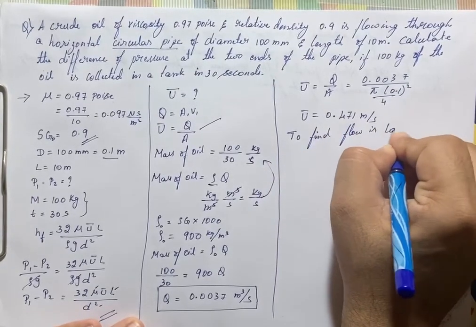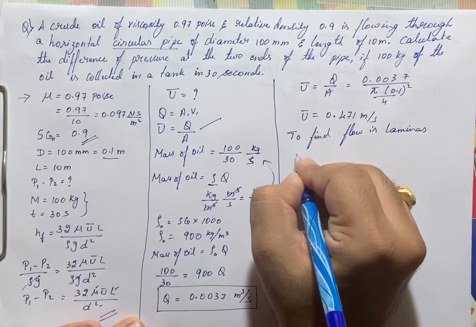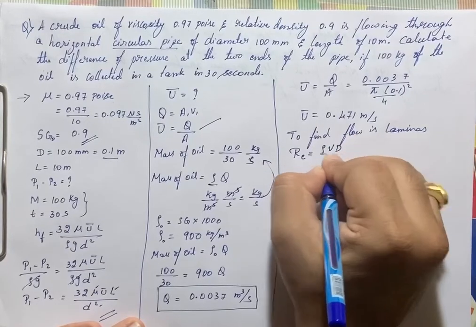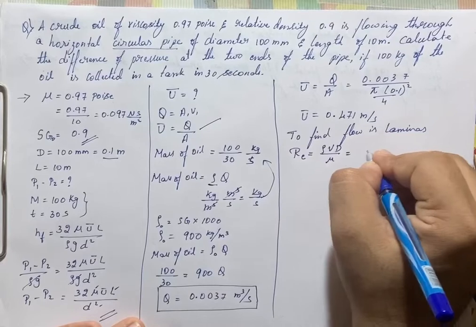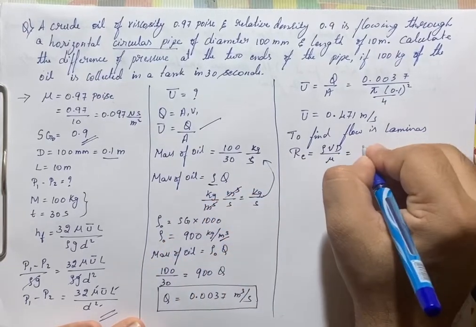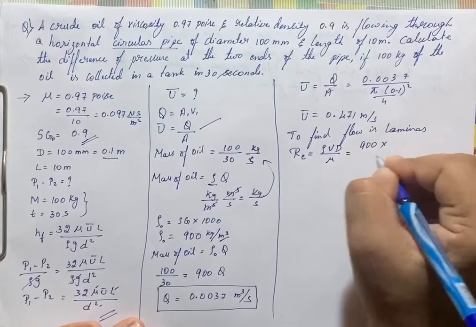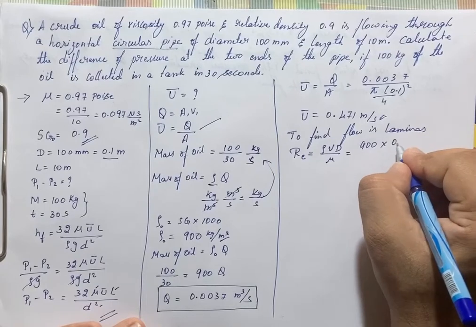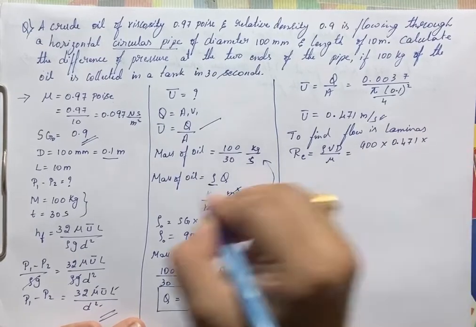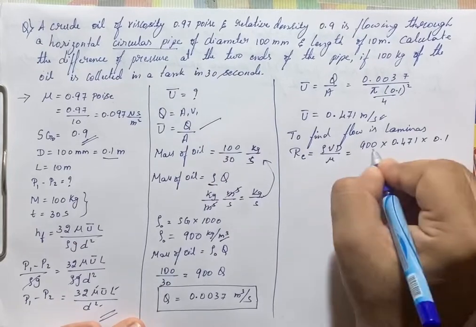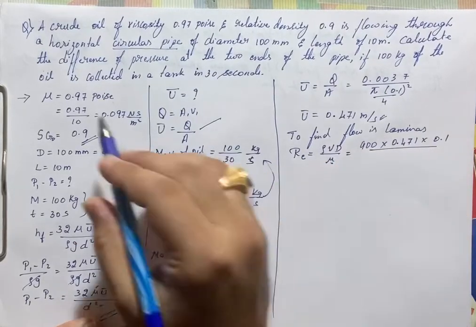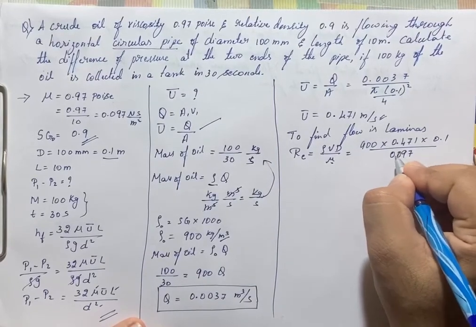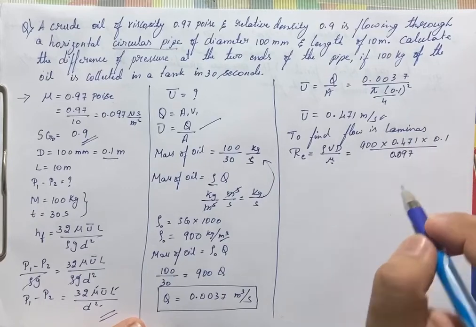whether the flow is laminar, we have the formula Reynolds number Re is equal to rho V D by mu, right? Rho is 900 kg per meter cube. V is nothing but the average velocity here, that is 0.471, into D, which is 0.1, divided by mu. Mu is given here as 0.097 poise, that is 0.097 Newton second per meter square, right?